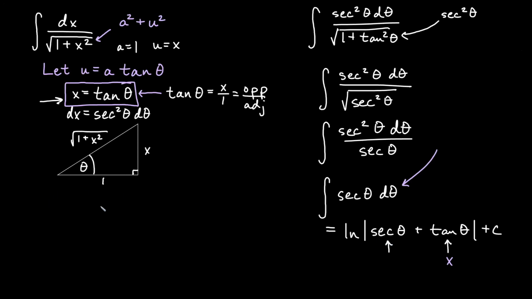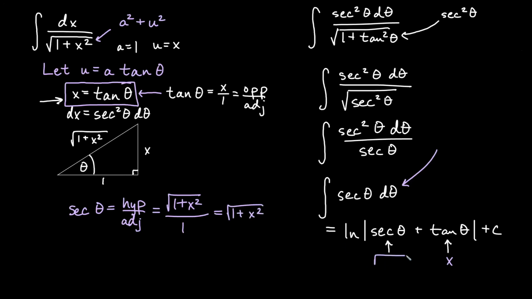To solve for secant theta, we can think in a right triangle that secant of theta is equal to the hypotenuse over the adjacent. If my theta is here, the hypotenuse is the square root of 1 plus x squared, and the adjacent is 1, so secant theta is just going to be replaced by the square root of 1 plus x squared.